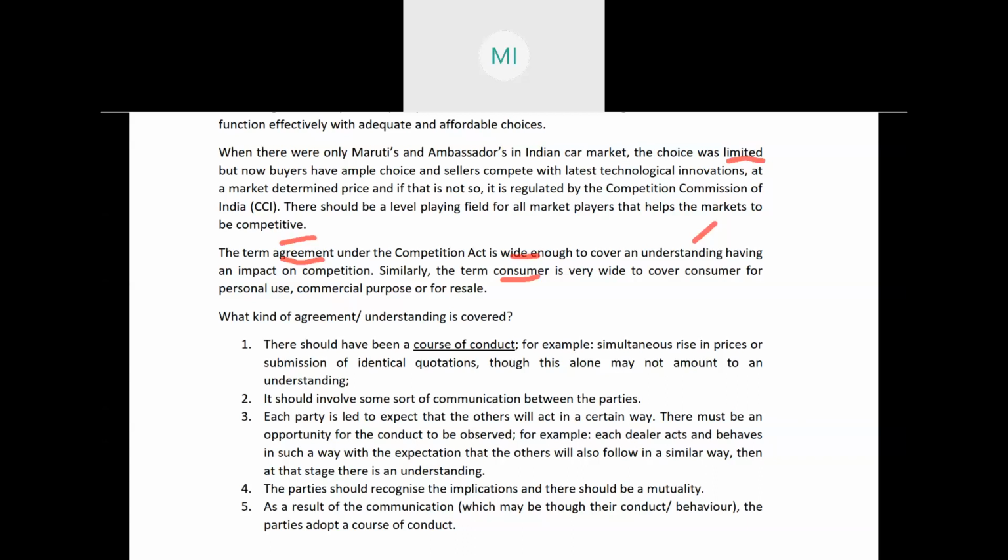That could have happened because of some kind of communication between the parties, and each party is led to expect that others will act in a certain way. Each dealer acts and behaves in such a way with the expectation that others will also follow in a similar way. If this kind of expectation and activity happens, then only we call that an understanding. So, mask prices have gone up.